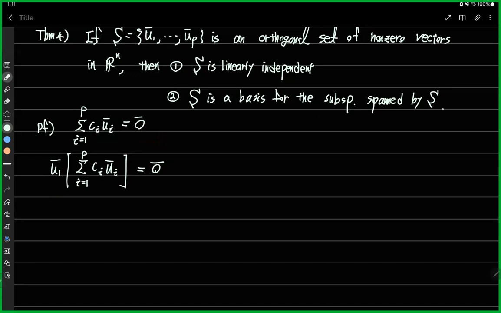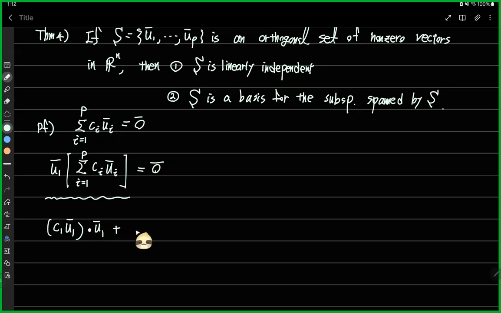So now this is equal to the left-hand side. Let me just figure out the left-hand side. This is going to be C1 times U1, dot product U1.